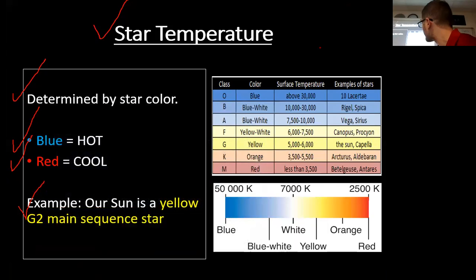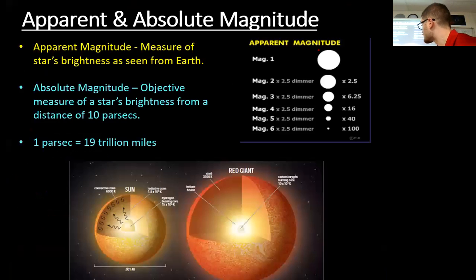So let's break these down. Apparent versus absolute magnitude. Apparent magnitude, again, like I said, guys, this is all on page 19, is the brightness of the star compared to the view of it from Earth. So we're looking at how bright it is from the Earth. Whereas absolute magnitude is how bright it is from 10 parsecs away in deep space.